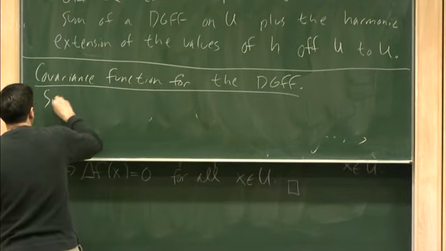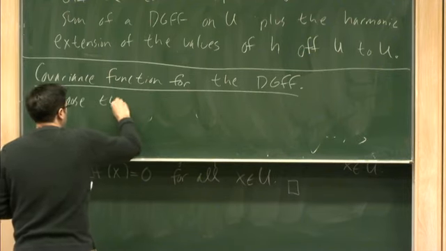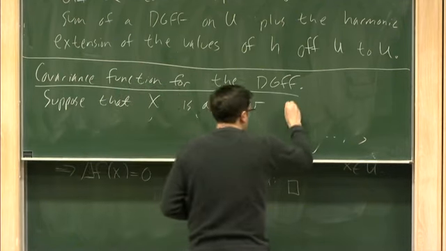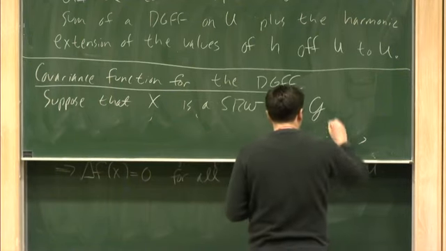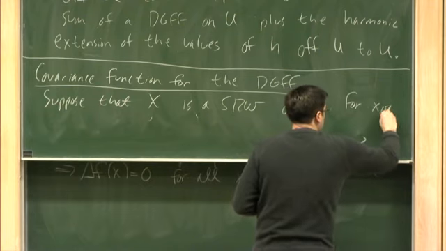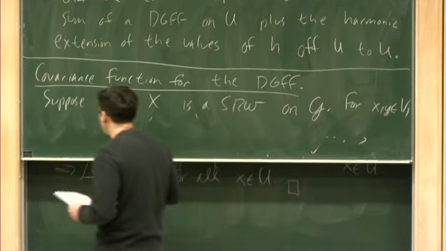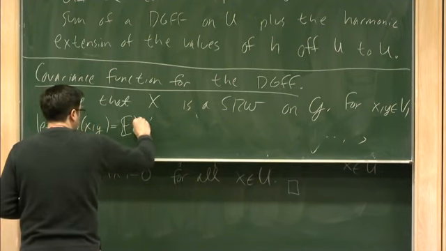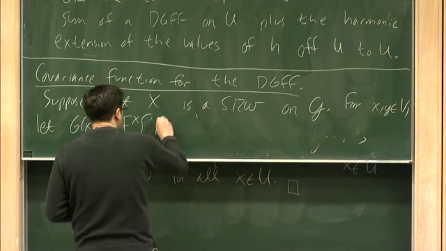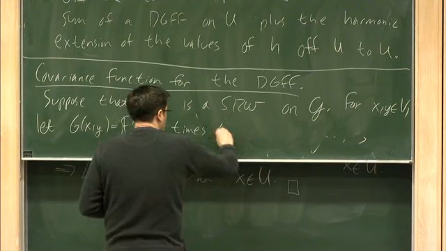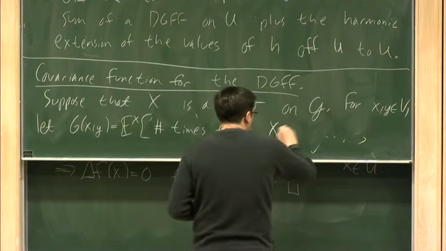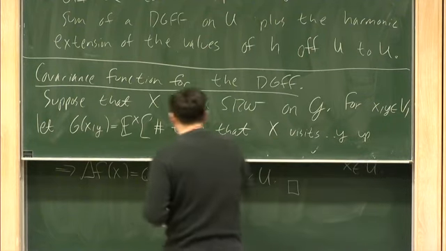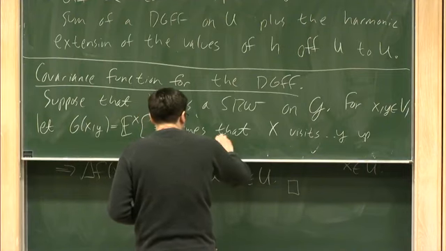So let's suppose that X is a simple random walk on my graph G. Then for x, y vertices, I'm going to let g of x, y be the expectation starting from x of the number of times that X visits y up until first hitting the boundary set.